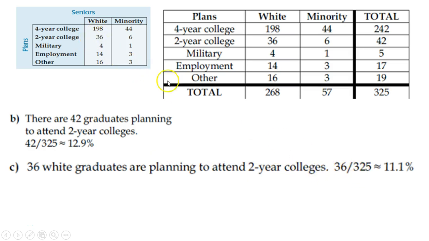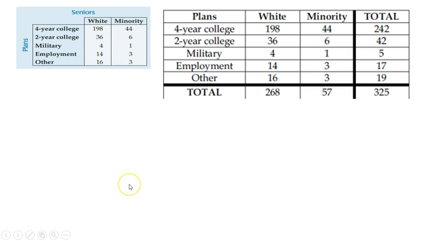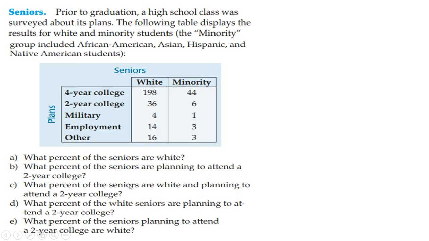Those are the only ones that overlap. The key word there is "and," when they want both. That's basically saying where they overlap, out of the total.